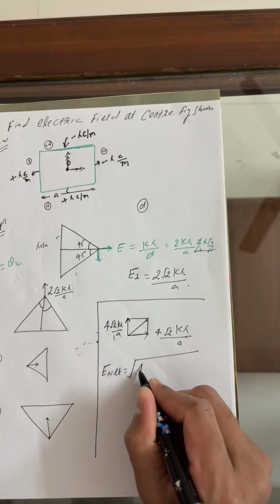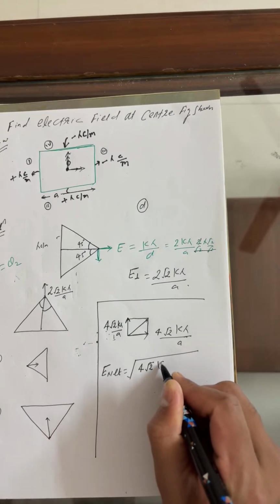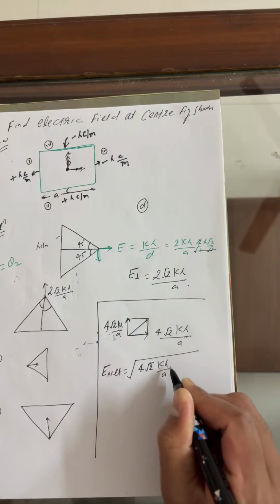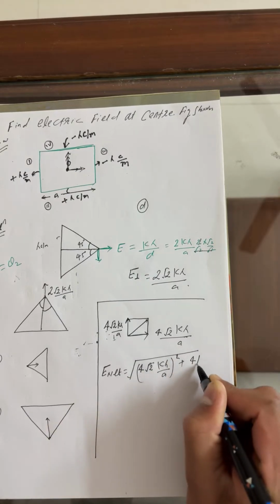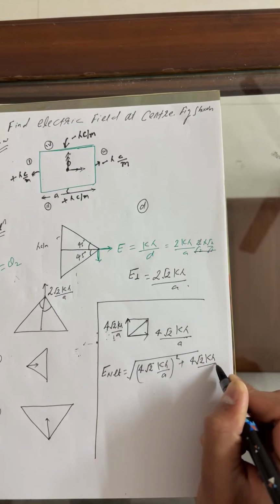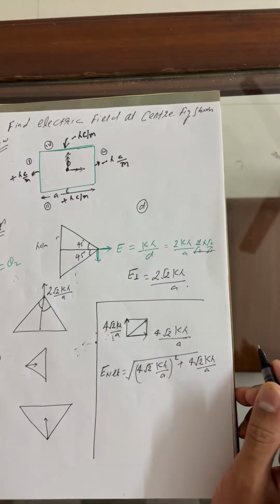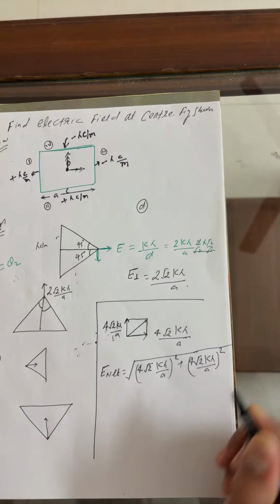Simply, 4 root 2 k lambda by a whole square plus 4 root 2 k lambda by a whole square.